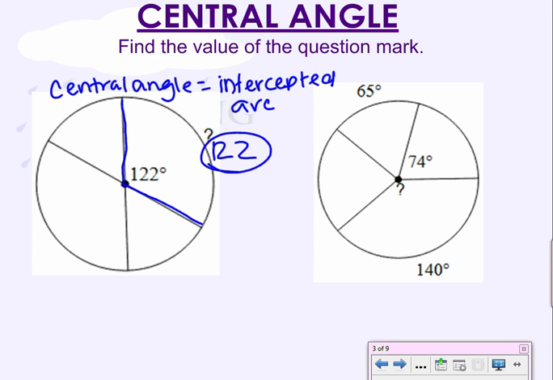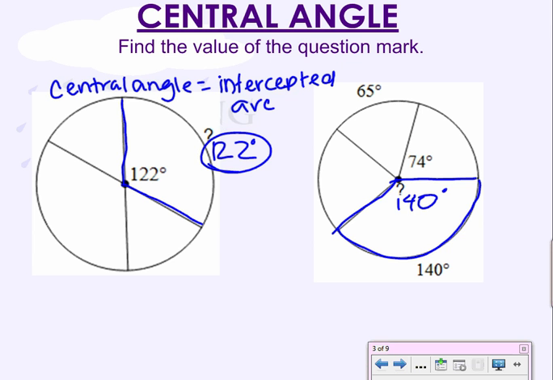Now on our second example here, they give us lots of numbers, but they're really only looking for the measure of this central angle here, which is across from this arc, which we're told is 140 degrees. So this central angle will be 140 degrees.